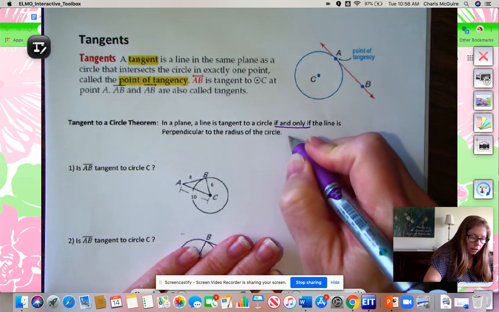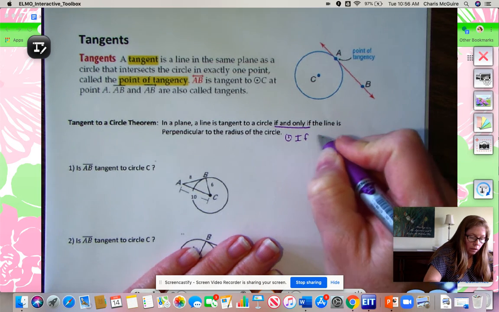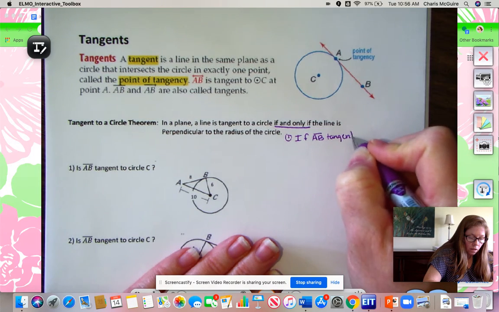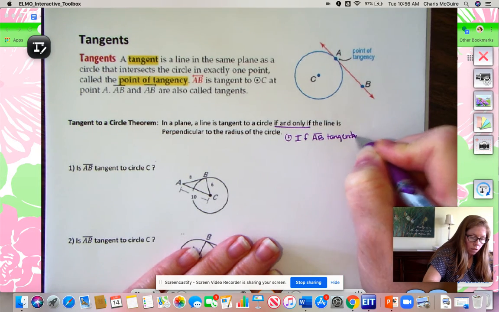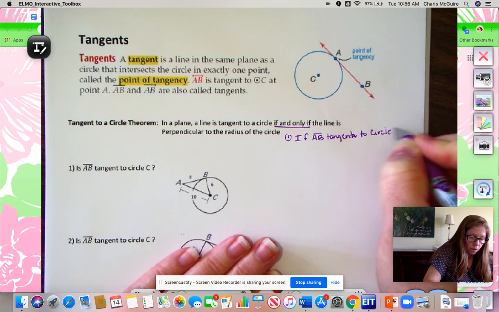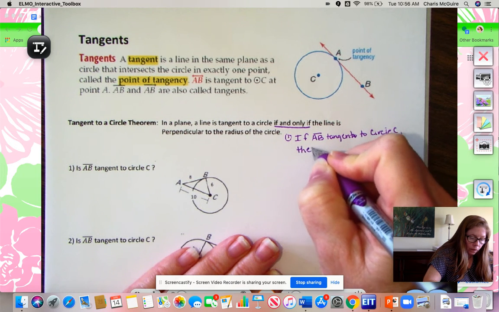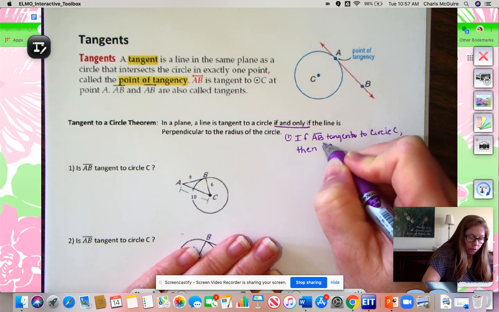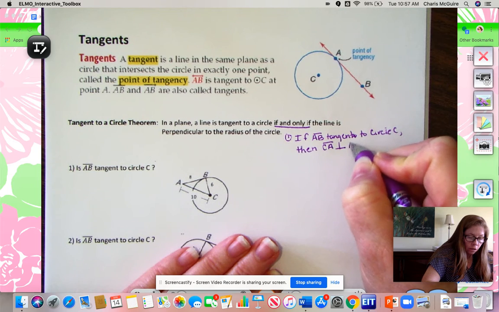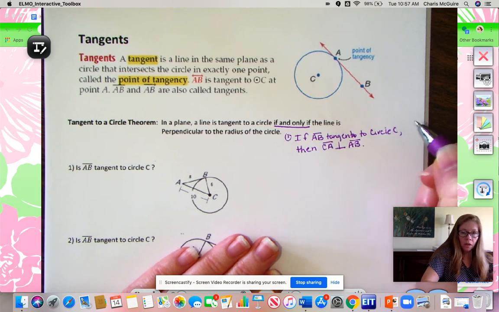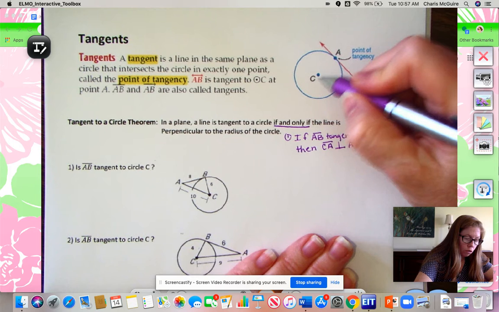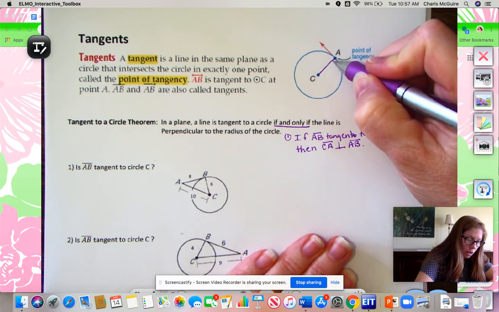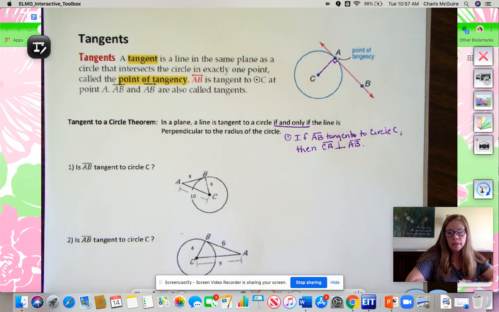So the first way that we could look at this is if line AB is tangent to circle C, then we can say that CA, the radius, is perpendicular to AB. What's happening is that you can draw from your radius, your center, to the point of tangency, and you've got a perpendicular relationship.